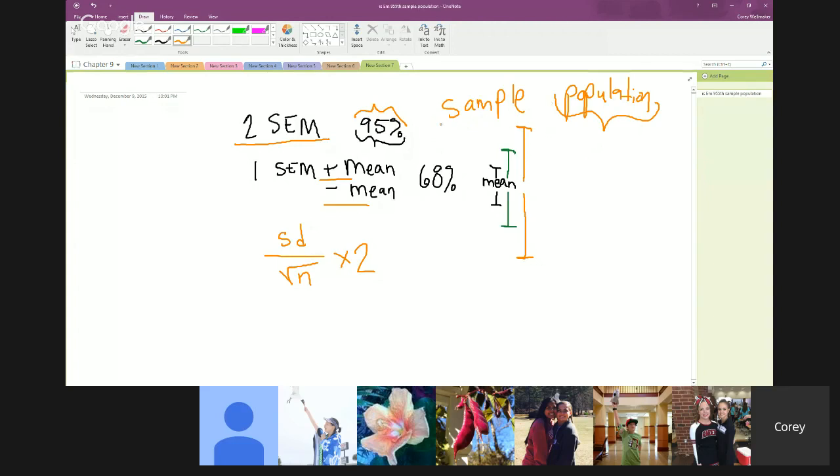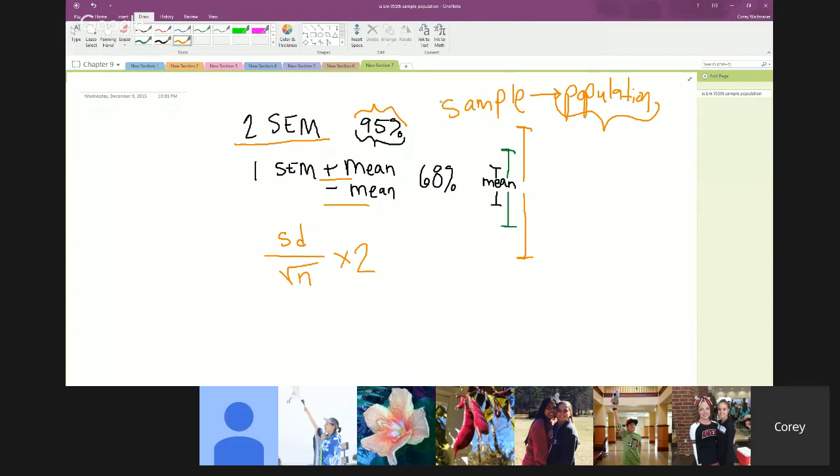So as researchers, we take smaller groups, and we try to use the sample statistics to get an idea of what the true population looks like.